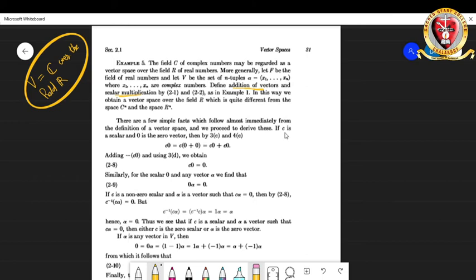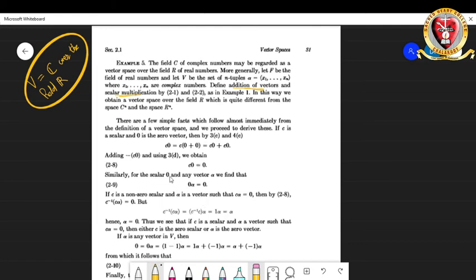So if C is a scalar and 0 is a vector, then we have C into 0 is equal to C into 0 plus 0, because that is the additive identity, which is equal to C into 0 plus C into 0 by the associative rule. And C0 is equal to C0 plus C0, that means C0 is nothing but 0, right?